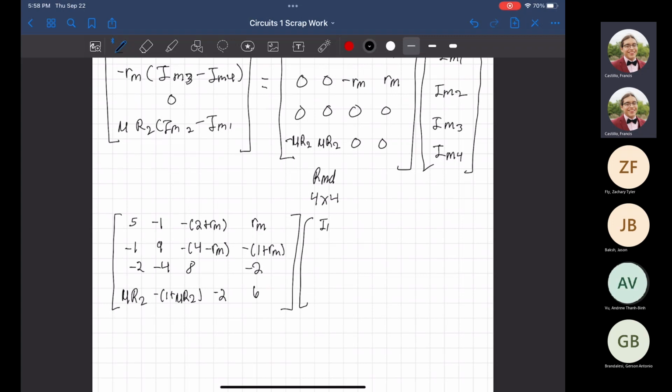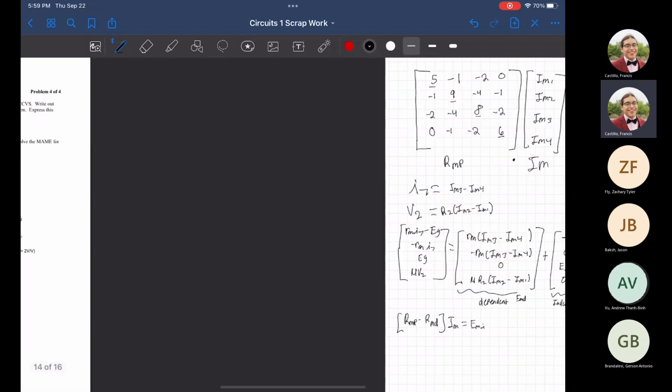We have our mesh network here. Mesh vector, and then all we're saying is these are our independent sources now. We said negative EG was in mesh 1, so it's going to be a negative 2 here, 0. EG was also shown originally.